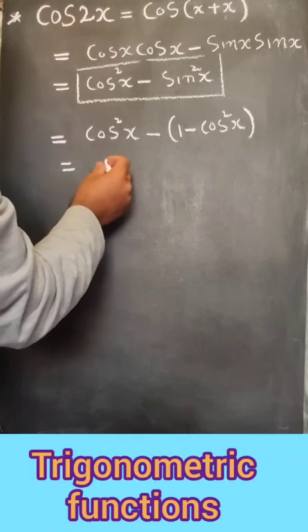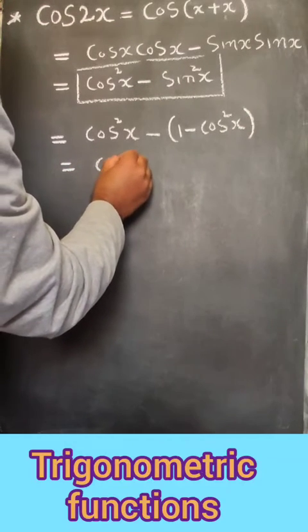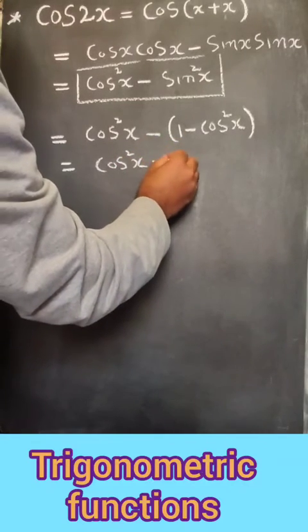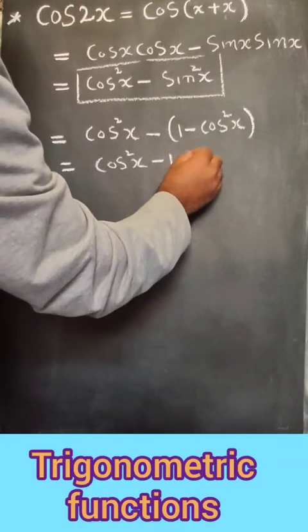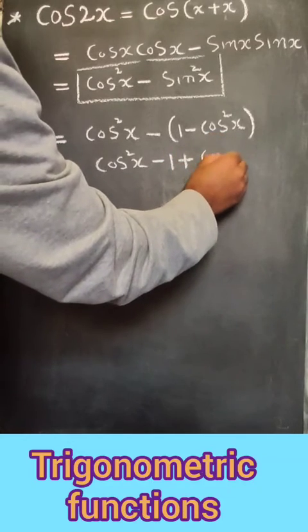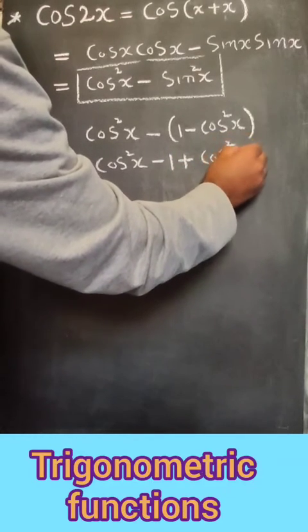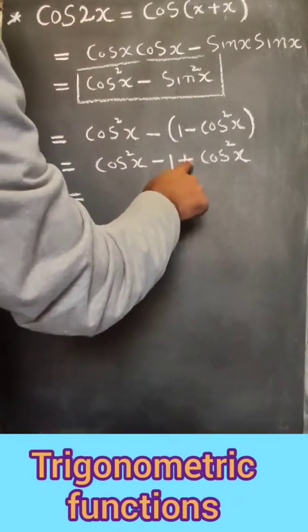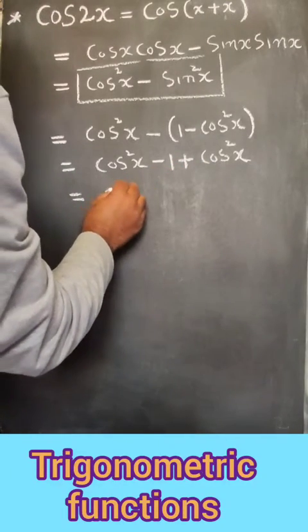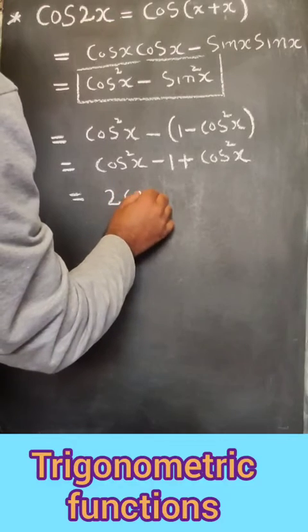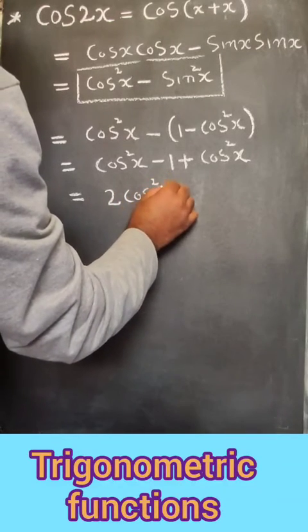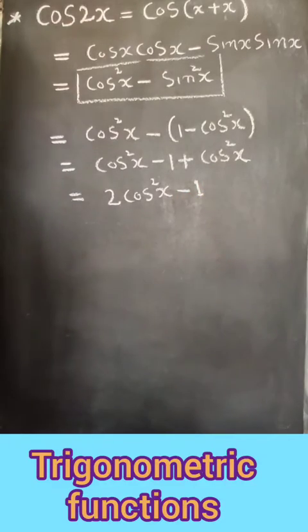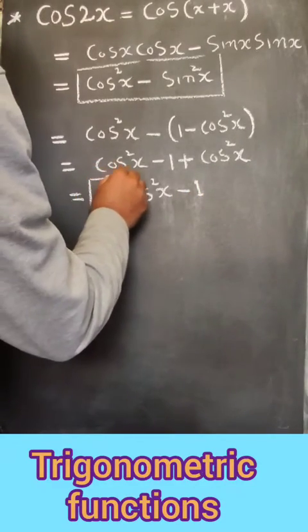So that is equal to cosine square x minus 1 plus cosine square x, that is cosine square x plus cosine square x, that is twice cosine square x minus 1. That is one more result.